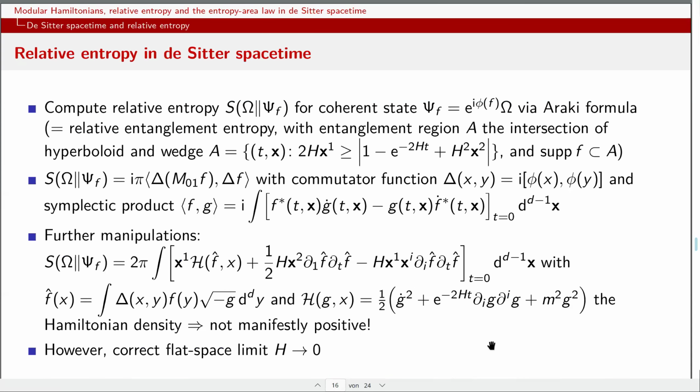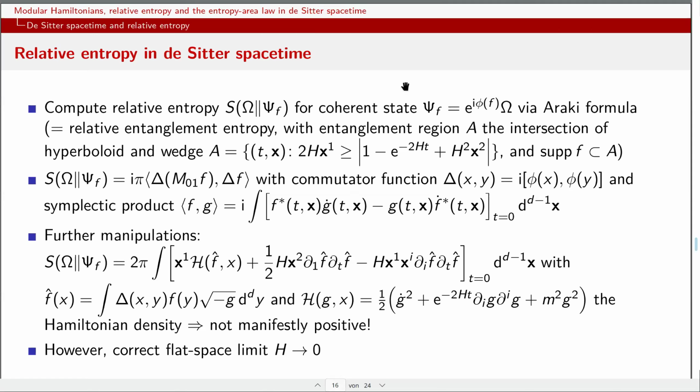And then one can compute the relative entropy, just using the formulas that I presented in the beginning. So what do we do? We take the de Sitter vacuum, omega, the Bunch-Davies vacuum, and the coherent state. So we take the Bunch-Davies vacuum and act on it with an exponential, e to the i phi of f. So what is this relative entropy?